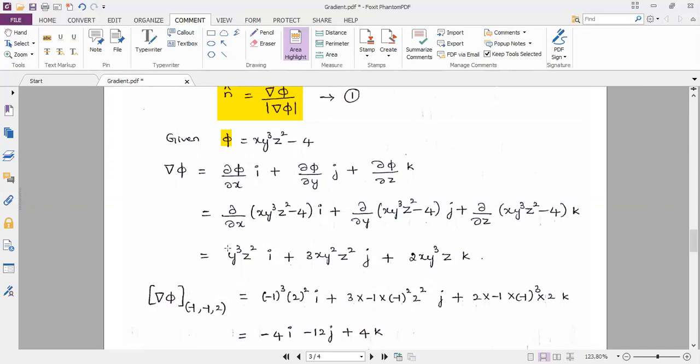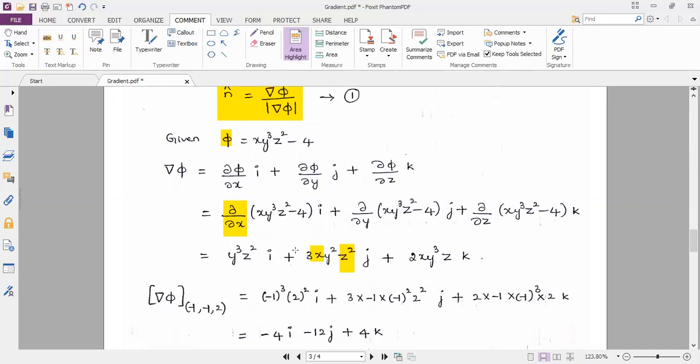Differentiation partially with respect to x. y cube z square is a constant. Writing as it is. Differentiation of x is 1 into i cap, plus with respect to y, x z square is a constant. Writing x z square as it is.